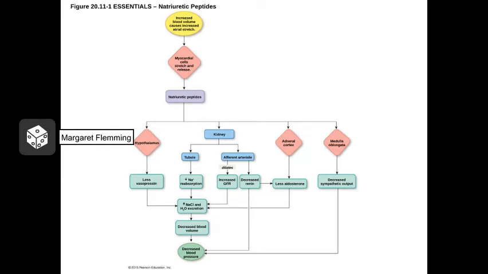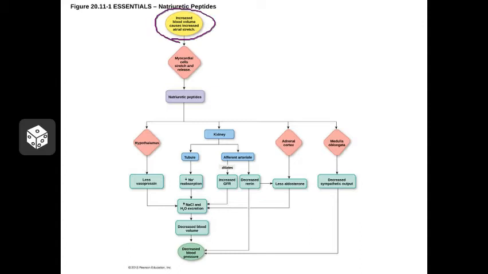Another hormone that influences sodium reabsorption is atrial natriuretic peptide. I talked a little bit about this in chapter 16, as well as in the chapter on the heart and the blood vessels, when we talked about blood pressure.